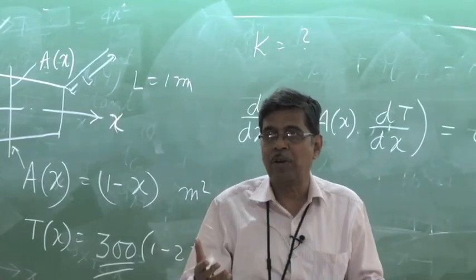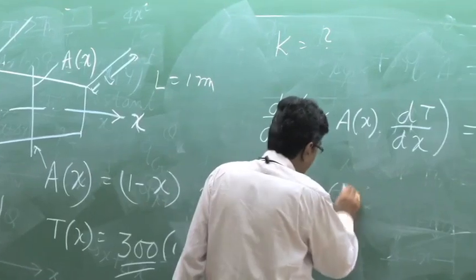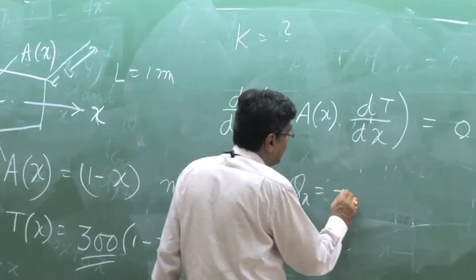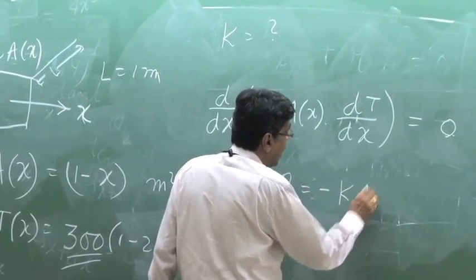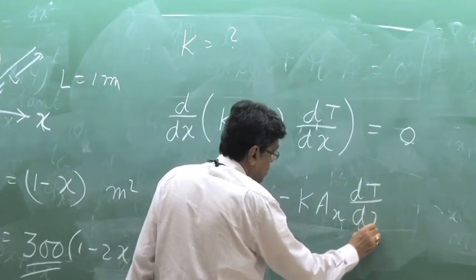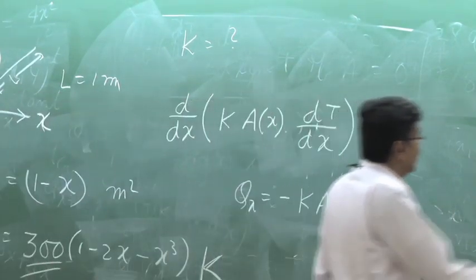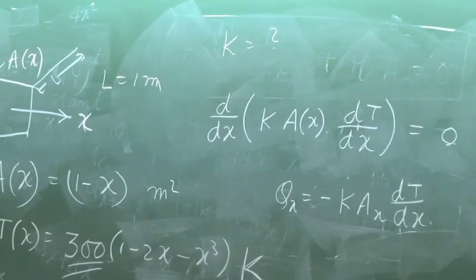The total heat transfer will be constant. That means Q(x), we have to use this equation, is minus K A(x) dT/dx. We have to use this equation, Q(x), because Q(x) is given. So we write this equation and find the value of K.